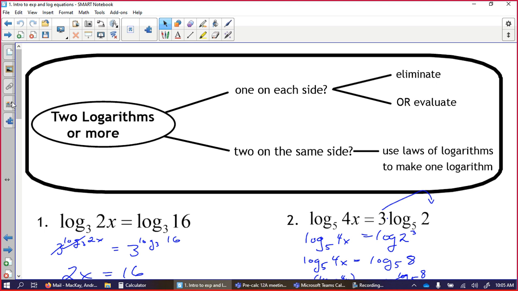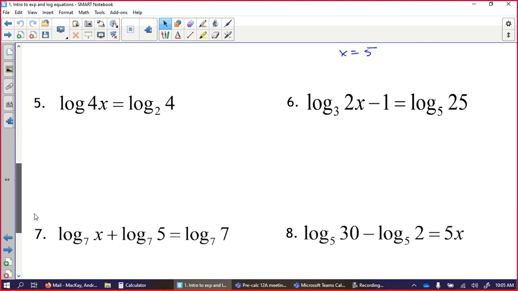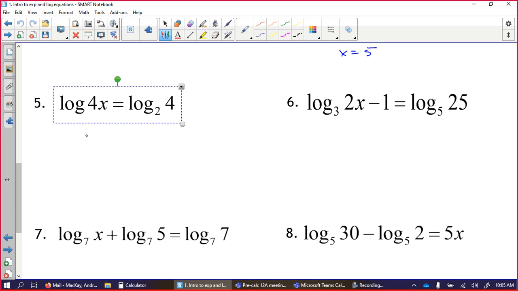Log of 4x equals log base 2 of 4. Oh my gosh, oops, this is base 10. This is base 2. But the kind of trick is, 2 to what power equals 4? Well, 2 squared equals 4.